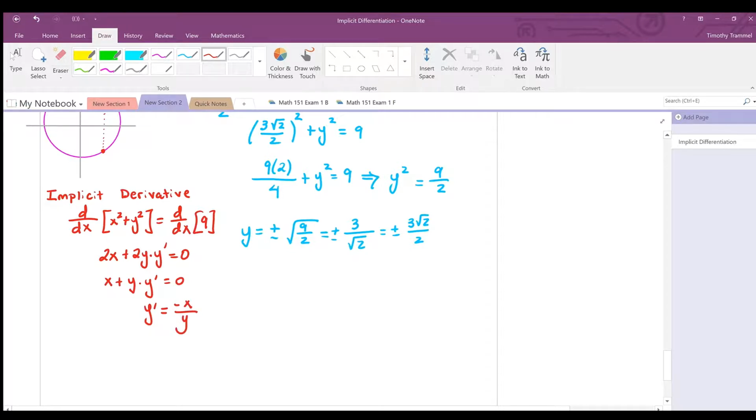Okay. So we have our implicit derivative, which means we can find the slope of the tangent line at these two points. But we're going to have to plug in the corresponding x and y values.